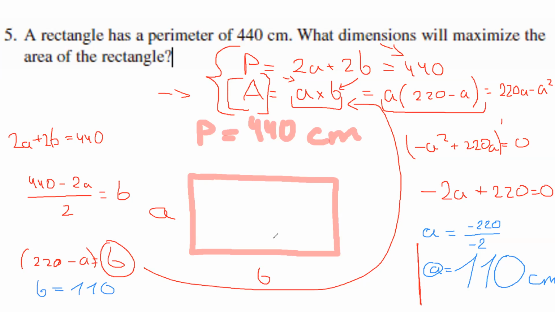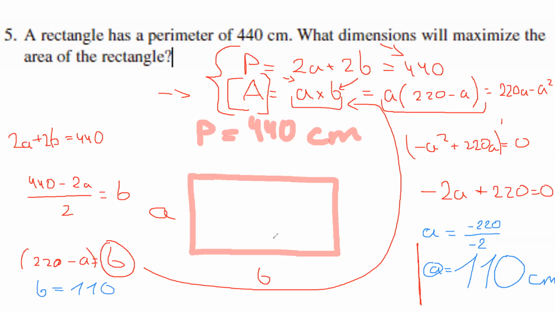A rectangle is not always a square, but a square is a rectangle. A rectangle is a geometrical object that has four corners and all of them are 90 degrees, and a square is a rectangle that has equal sides.